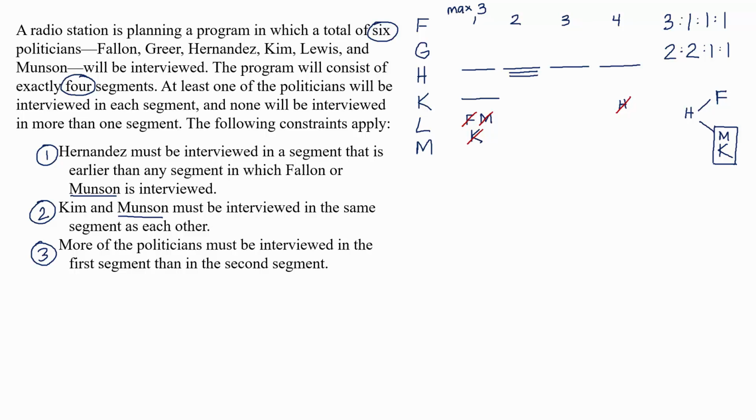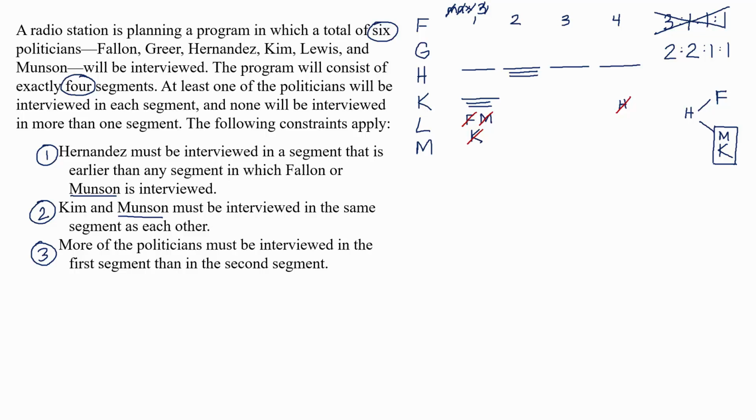So, it's no longer a possibility that there are 3 politicians in the first segment. We know that there must be only 2 politicians in segment 1, and either 2 politicians in segment 3 or in segment 4. That means that we're limited to only 2 scenarios.